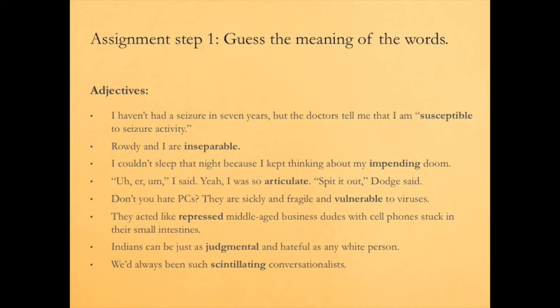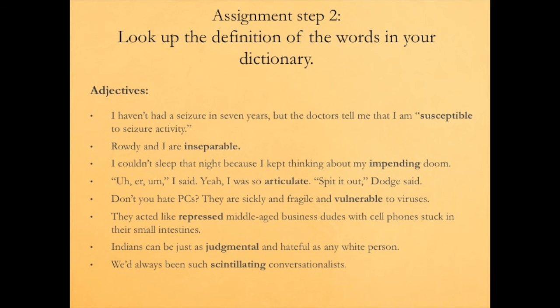In the first step, students have to guess the meaning of the words in the context using the example sentences provided here on screen. Students will have to look for the definition in a dictionary in the second step to get a better understanding of the words and how they are used to describe and modify other words.